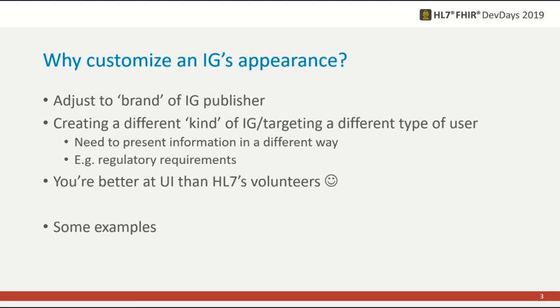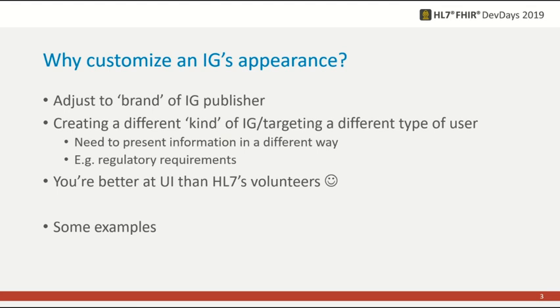And the templates that HL7 is currently publishing don't really do a great job of publishing logical models, because we don't really do those, or at least we don't do those yet. And so you might want to tune some things for your particular type of implementation guide or your particular type of audience.